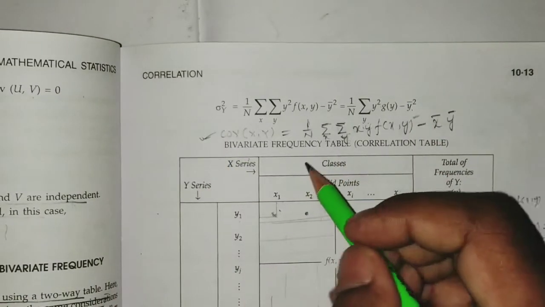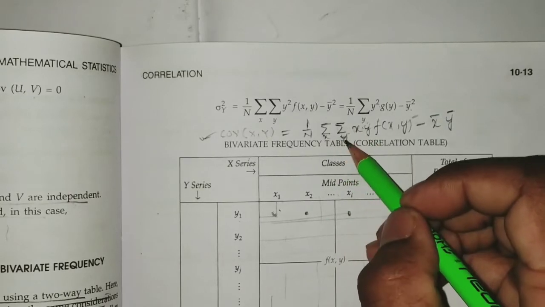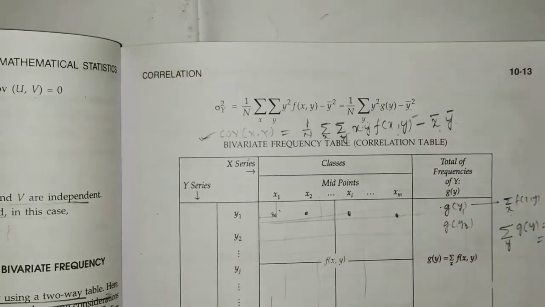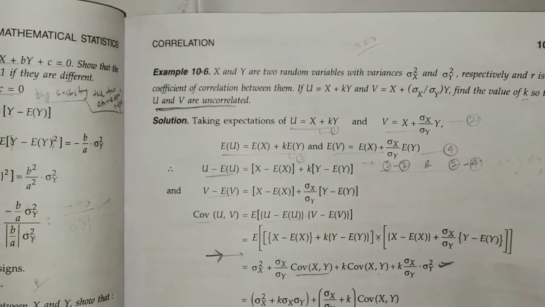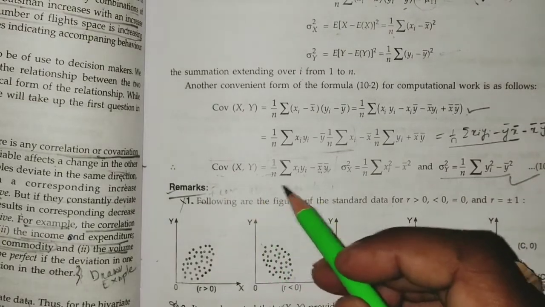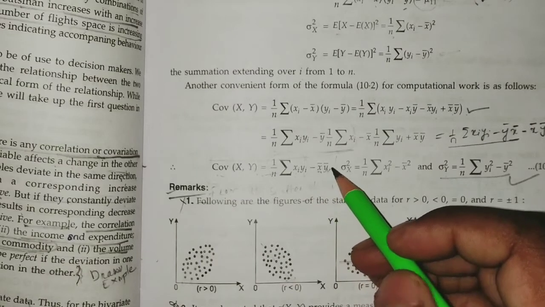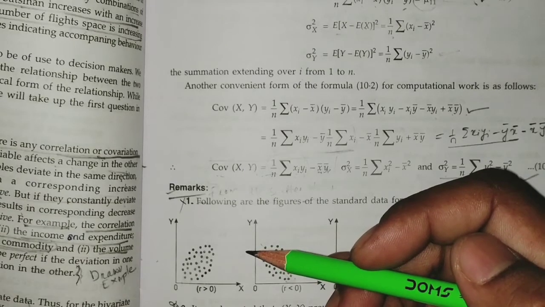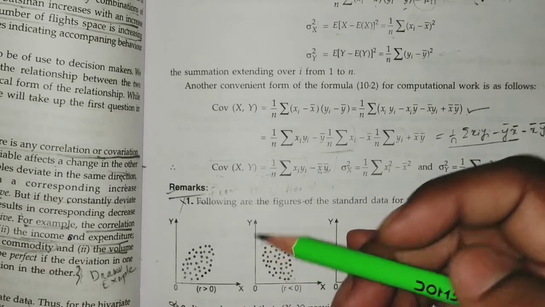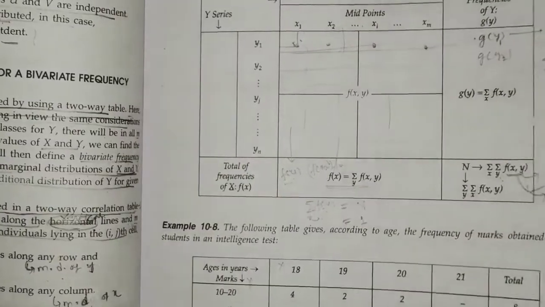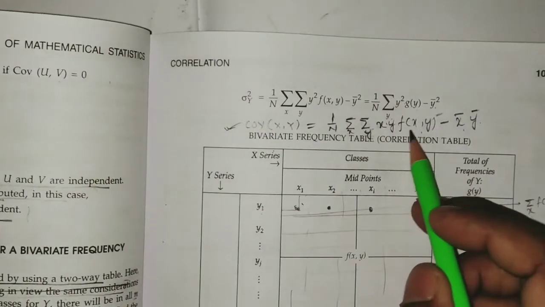Covariance will be 1 by n summation over x, summation over y of xy fxy minus x mean, y mean. Okay, see, in general covariance we know that it is 1 by n sum of xi yi minus x mean y mean. But if we have the frequency distribution, then we have to multiply by the corresponding frequency.